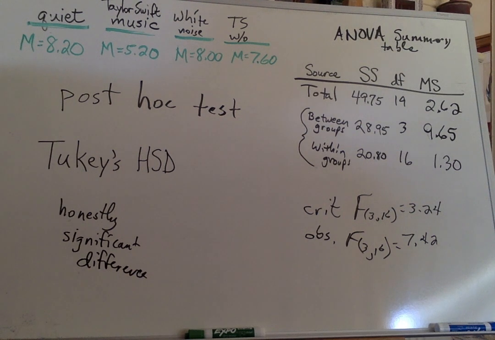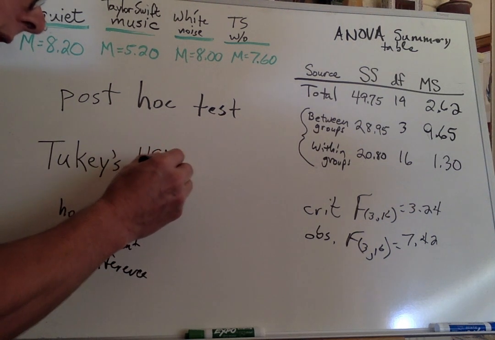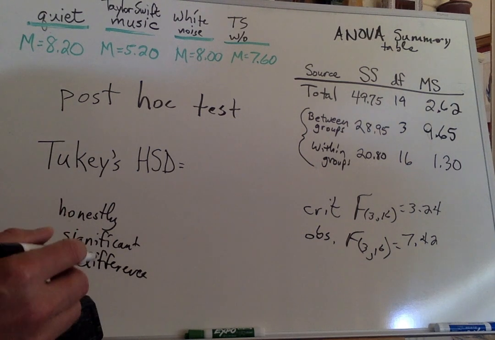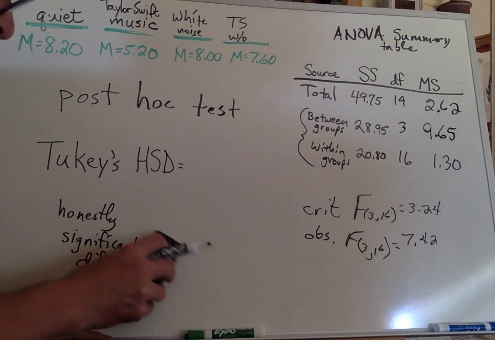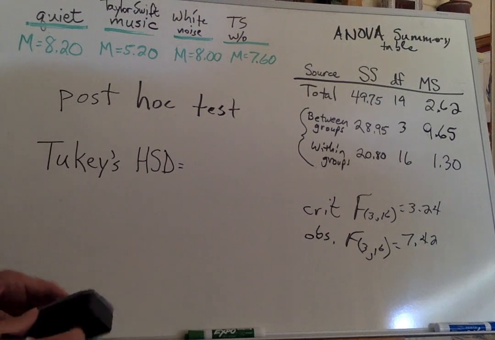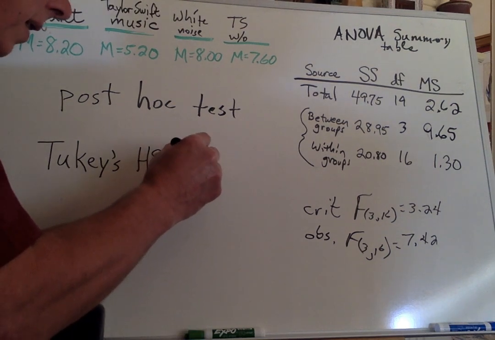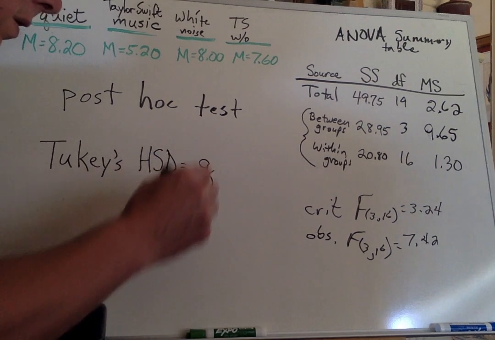Honestly significant difference. Tukey's HSD. It's pretty simple in terms of its computation. At least I should say pretty straightforward. But let's do this, and it is the value of Q.